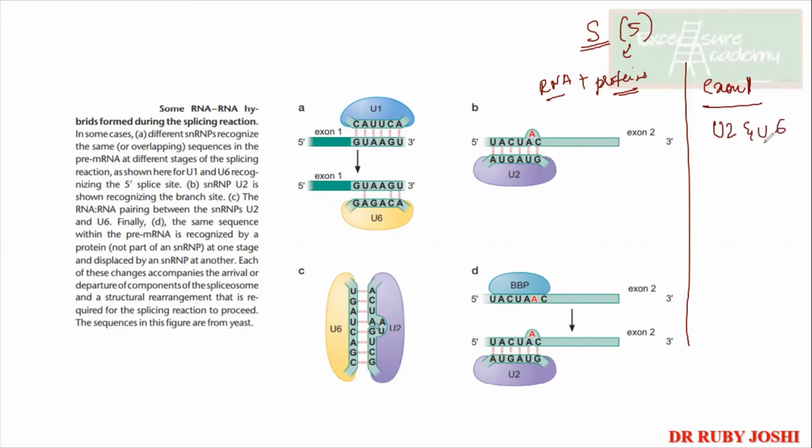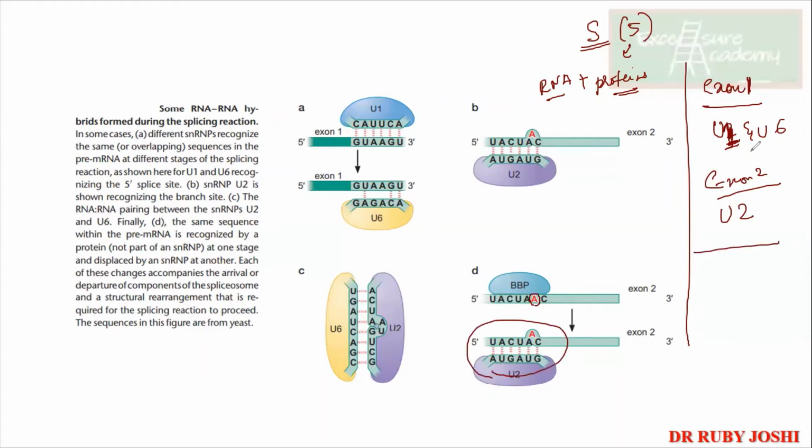Now why U2 and U6 also, we will come to know once we start understanding how the spliceosome machinery takes place. Now exon 2 is with the U2. Now in order to facilitate this interaction, BBP is going to kick off this A, and then it will help in the complementary base pairing with U2.